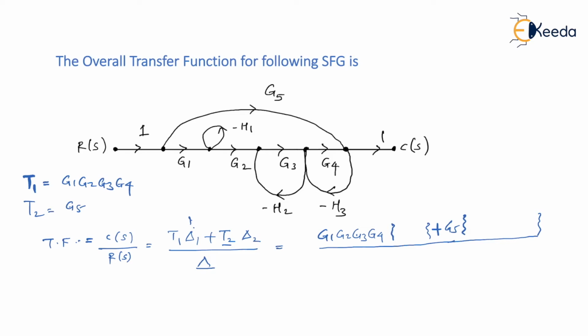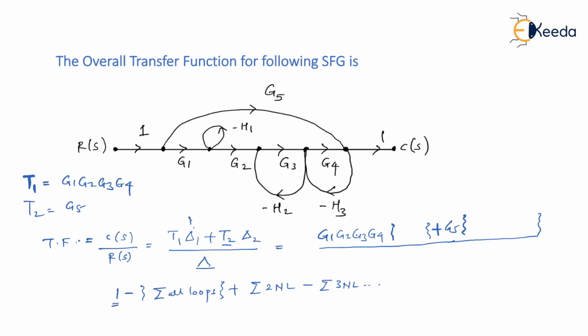Delta is nothing but 1 minus the summation of all loops, plus the summation of two non-touching loops, minus the summation of three non-touching loops, and it just keeps on adding.